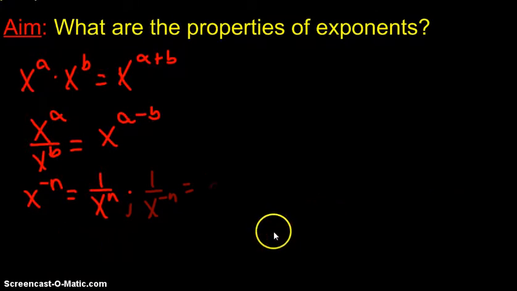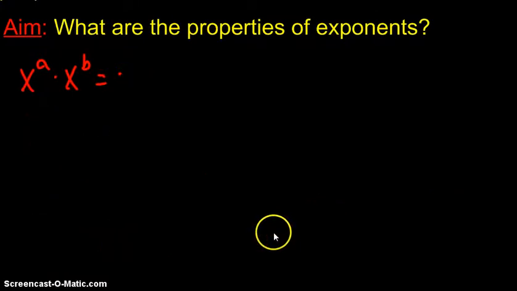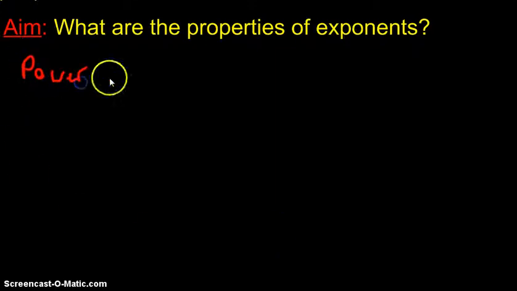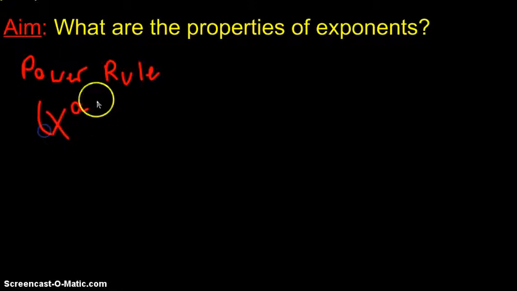So let's get rid of all this. Okay, so there's the power rule, which we did not mention yet. That is x to the a to the b power is equal to x to the a times b. So the multiplication rule was a plus b, but the power rule is a times b.